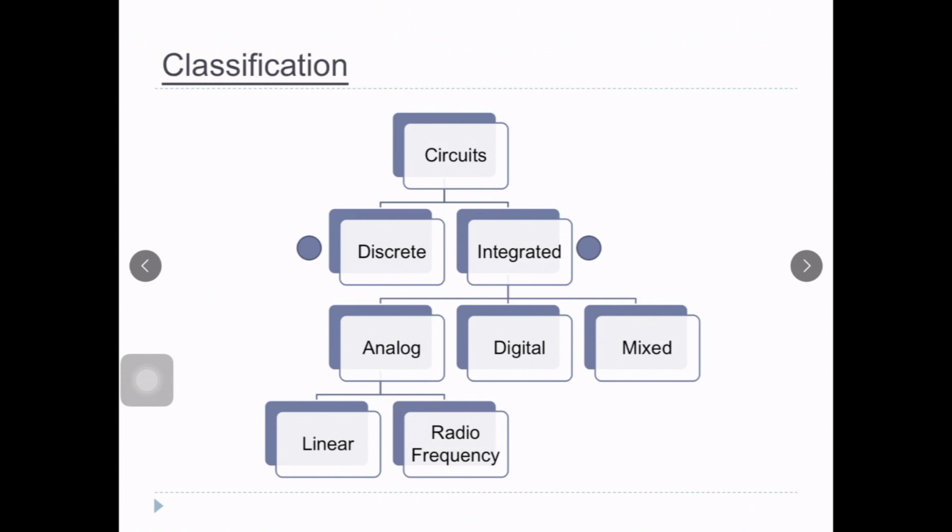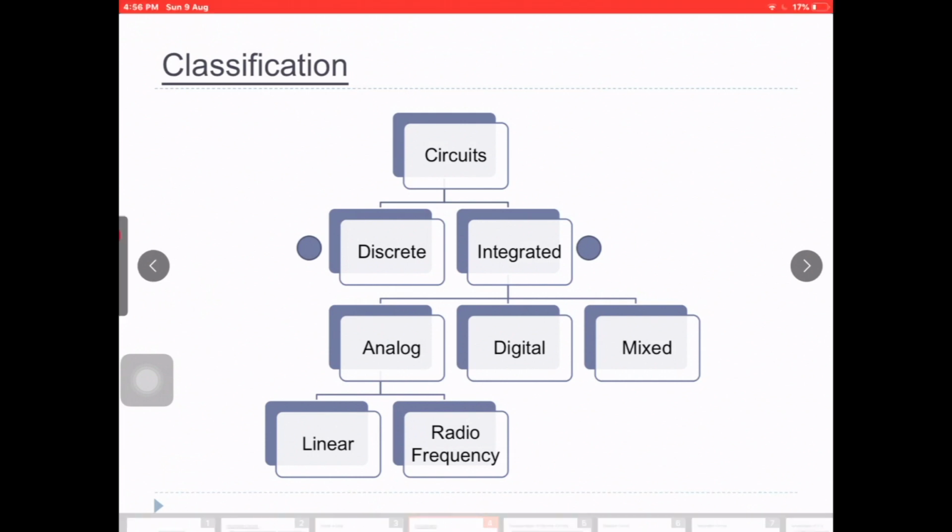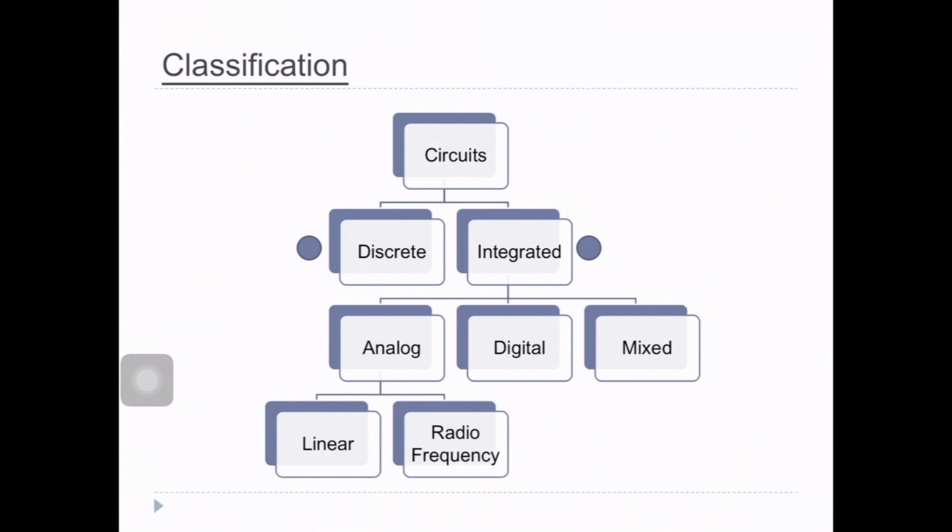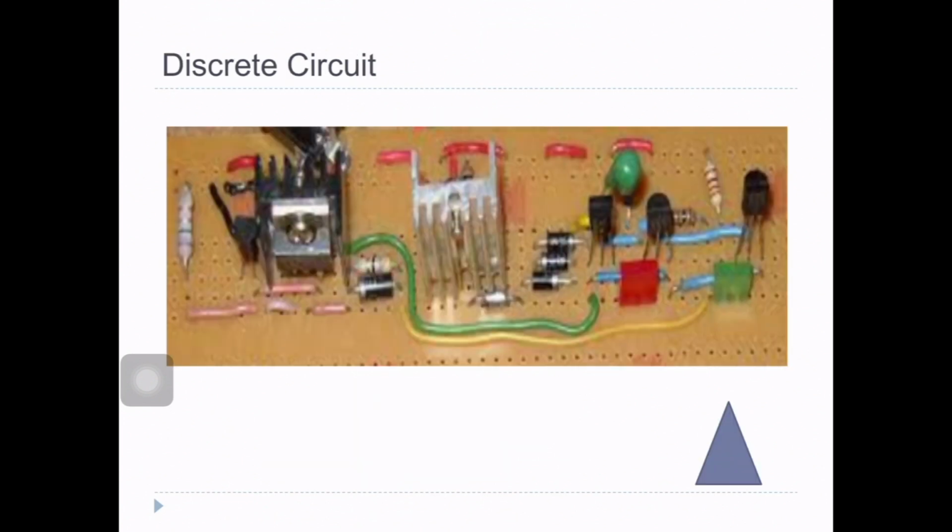What are discrete circuits? Discrete circuit means the user is able to view the connection of the circuits, even the components are visible to the user, and it is easy to dismantle or remove any component from the circuit. As you can see, this is a discrete circuit.